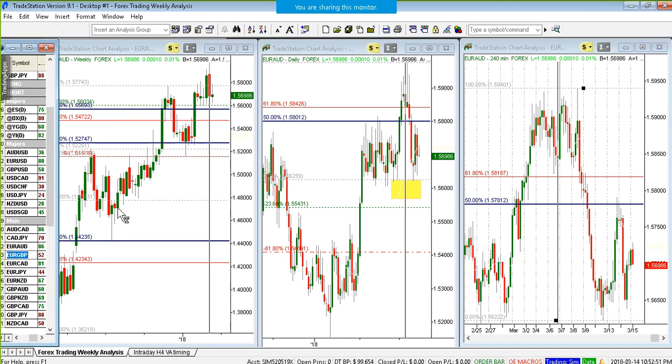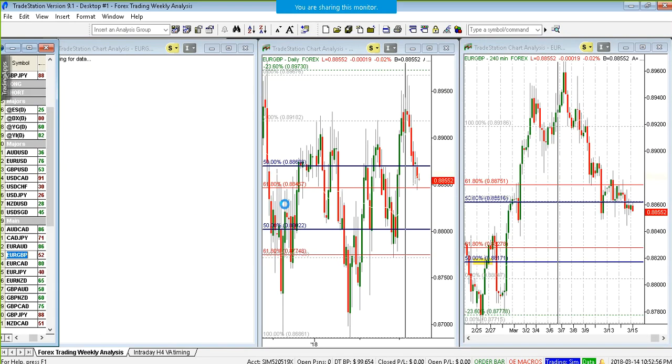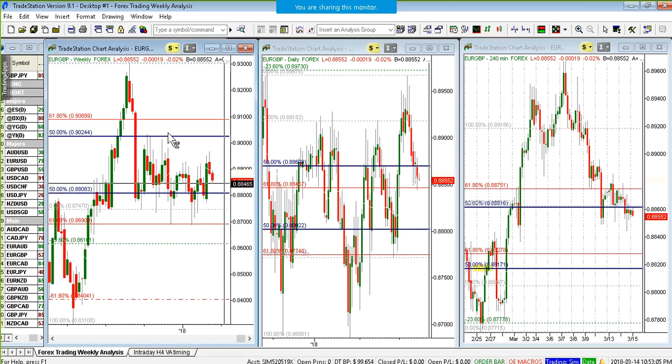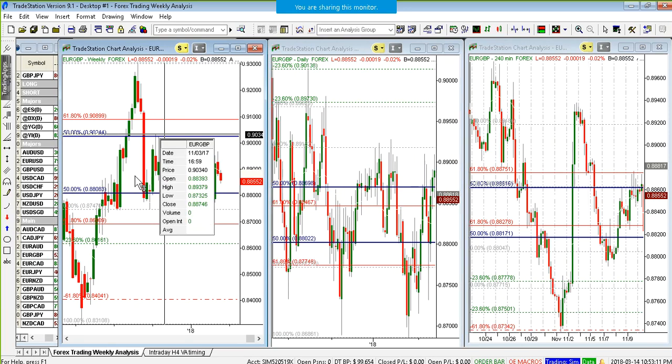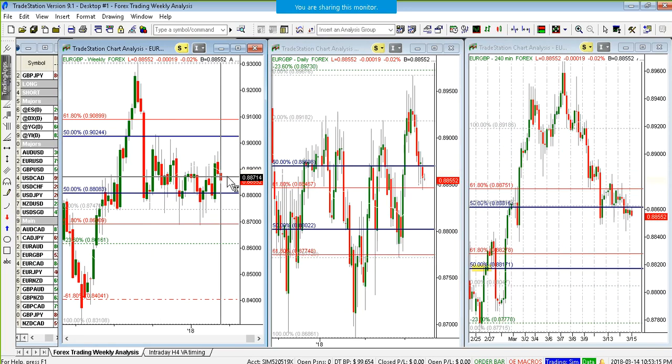Euro pound continues its nonsense lateral move with no support of bulls and bears, and it's not very helpful to review this market. It's now moving lower on the news, and it's below that resistance level, so total nonsense for me for a few months here, at least on the larger time frame.